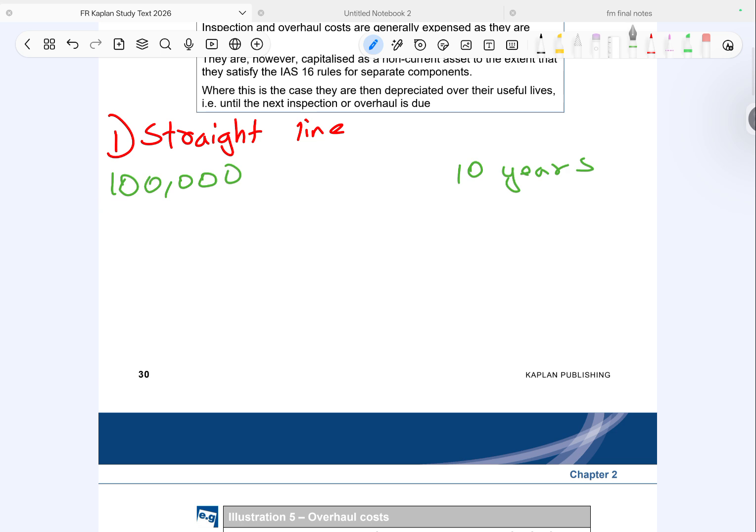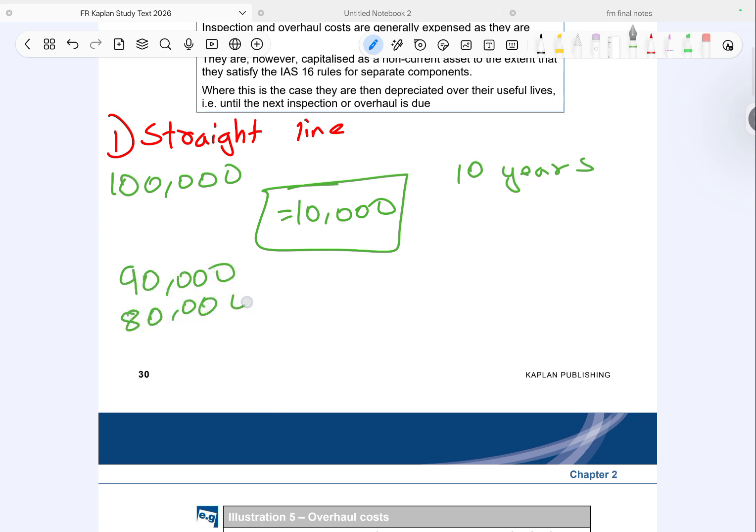So for 1 lakh, no residual value, for 10 years, what will be the depreciation charge? It will be 10,000. So every year I'm going to minus 10,000 from the 1 lakh. We'll get 90,000, 80,000, 70, 60, and after 10 years the value is going to be 0. That's the straight line method. It's very easy.